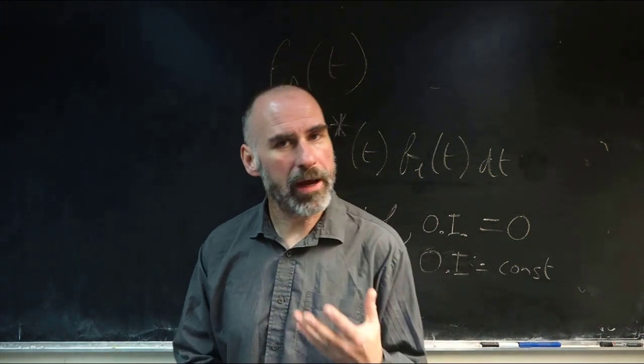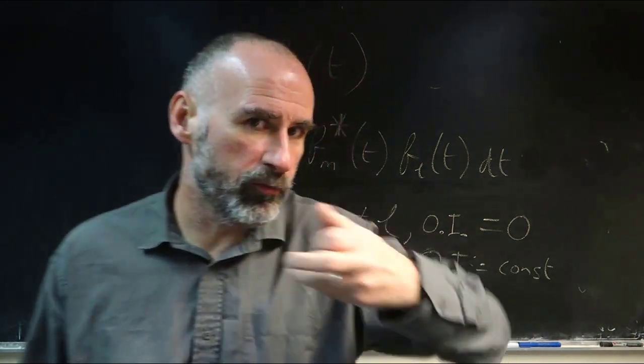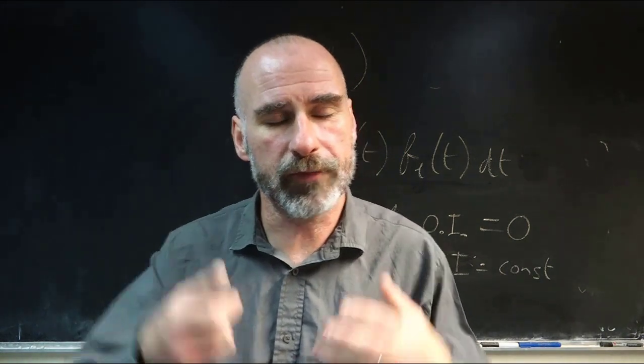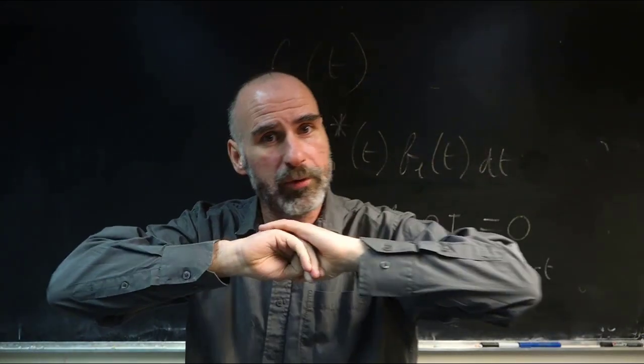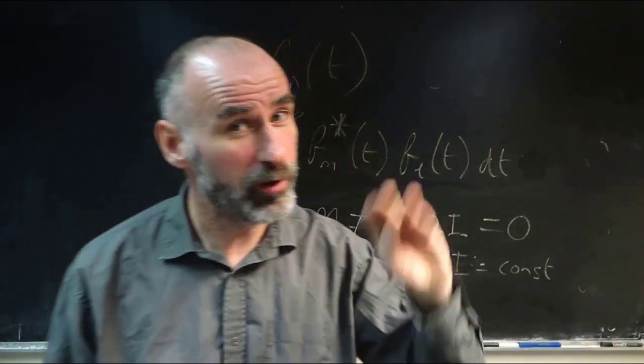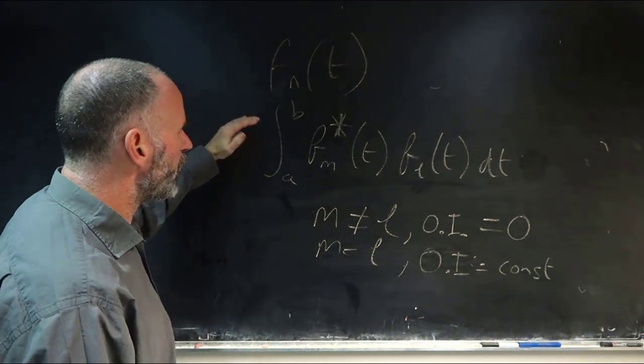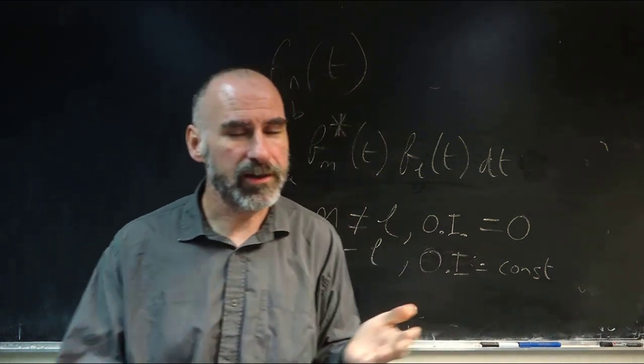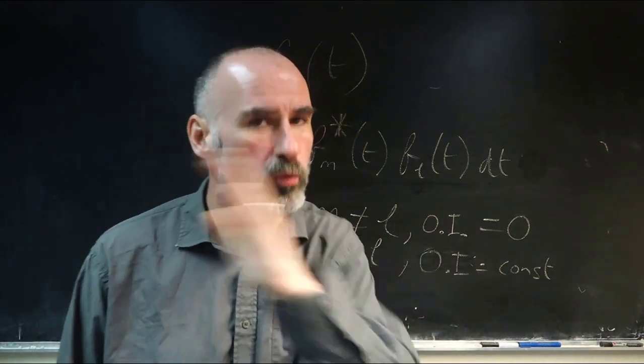As I say, mathematically somewhat subtle, but mathematically exceptionally powerful. Once you get this idea of orthogonality into your head, it's going to help you immensely throughout this module and other modules. This is our definition of orthogonal functions. It has parallels with orthogonal vectors, and we'll get to that later on.